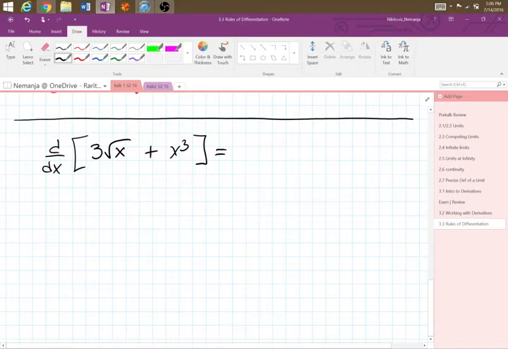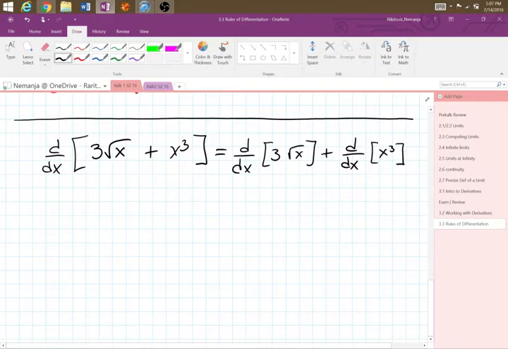So we are going to use 4 different rules here. It looks easy, right? You just do it. But technically, it's 4 different rules. The first rule is going to split this into 2 separate derivatives, because we are allowed to take derivatives of each term independently.